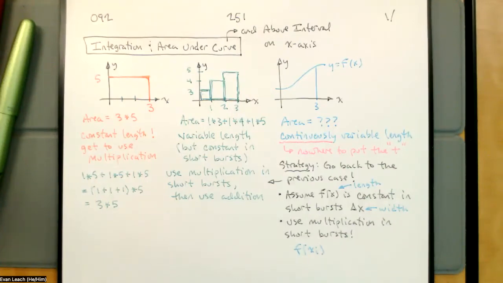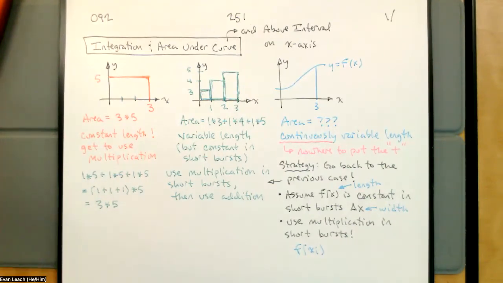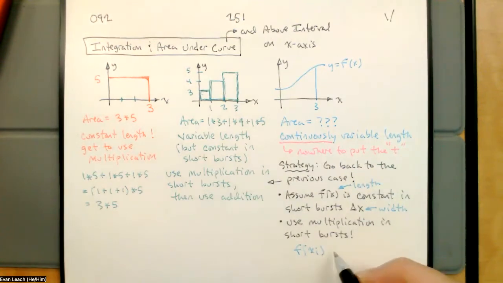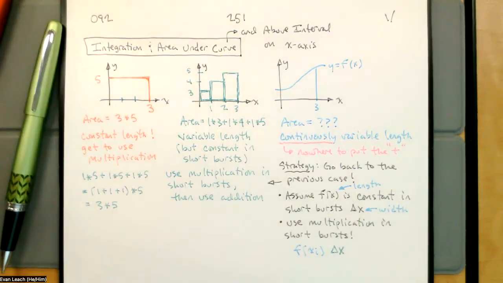And then we'll multiply by our delta x, which is going to be the width that we get from the previous case. That's what we did in the previous case. Since the length was constant in short bursts, we got to use multiplication in short bursts. Next, we just add up all the areas. Next, use addition.